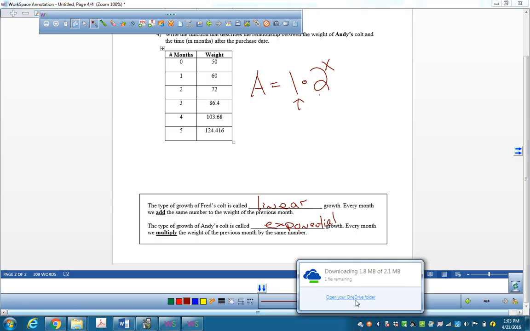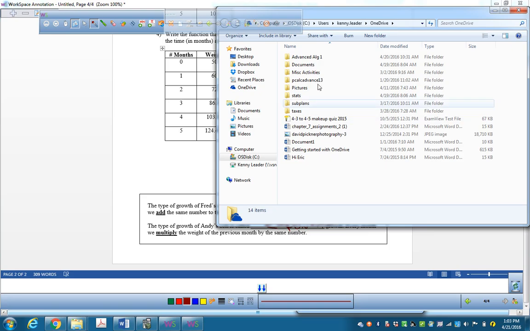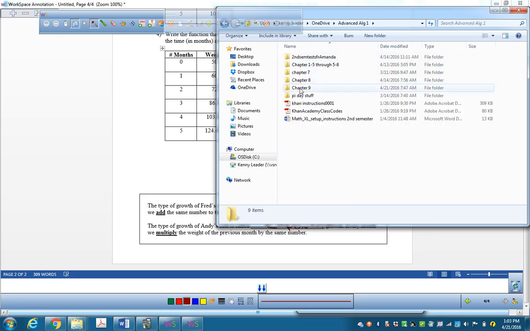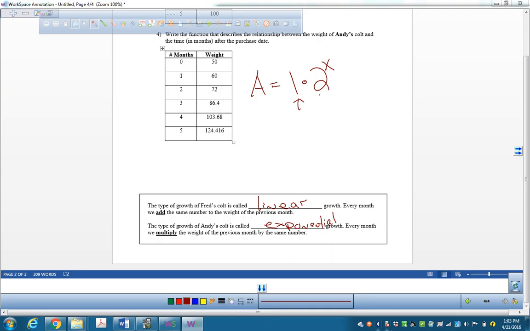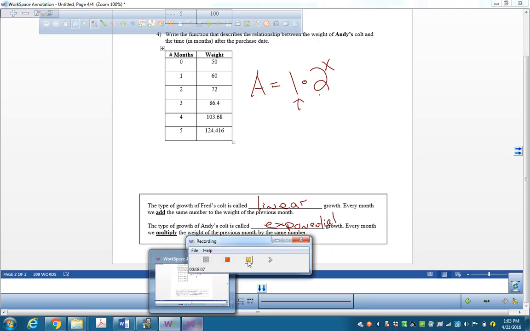Open your OneDrive folder, Advanced Algebra 1, Chapter 9, Exponential growth, and then, where did it go? Uh-oh. It's not here. That's what you get for stealing things. I know, 10:31 a.m. Shoot. I made this PowerPoint, but it's not there. I'll find it in a second.